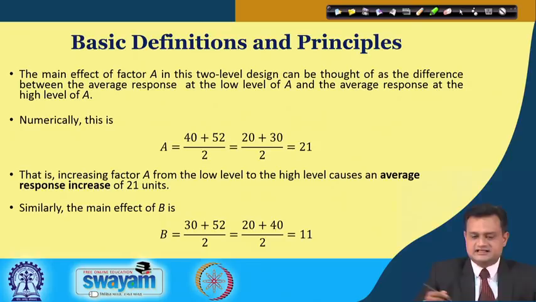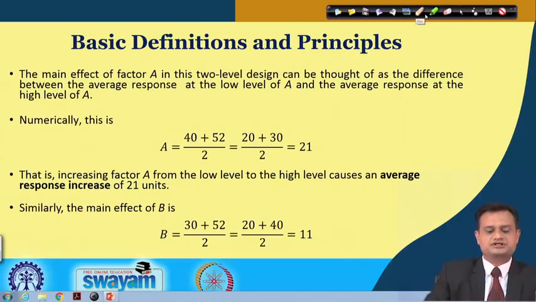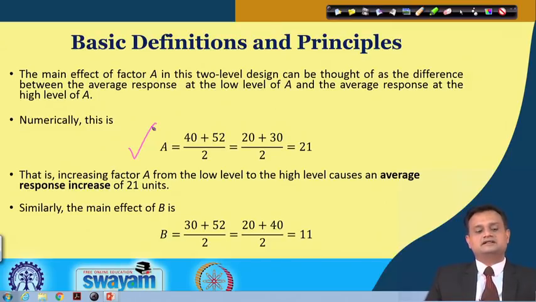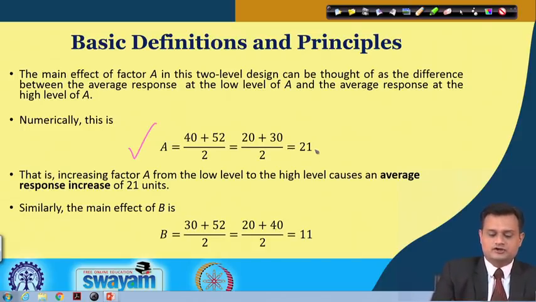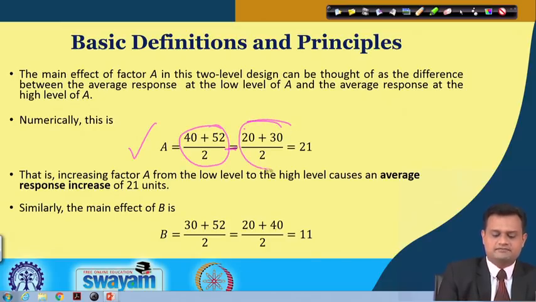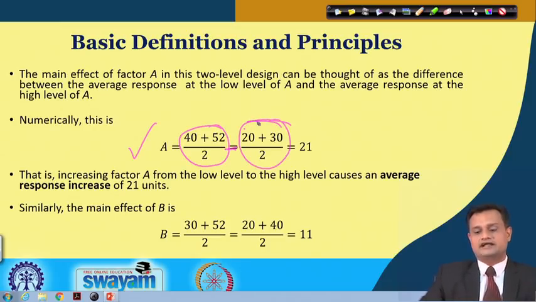So typically, for factor A, I look at the difference between the average response at the high level of A and the average response at the low level of A. If I want to calculate numerically, then just see: (40 + 52)/2 minus (20 + 30)/2 equals 21.